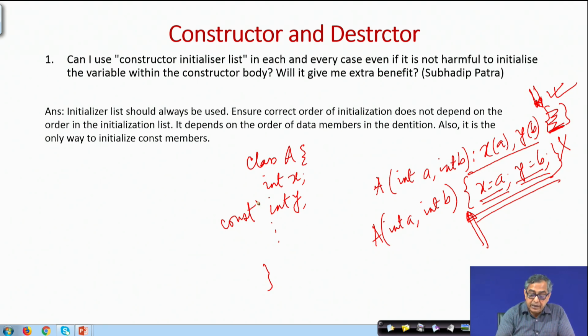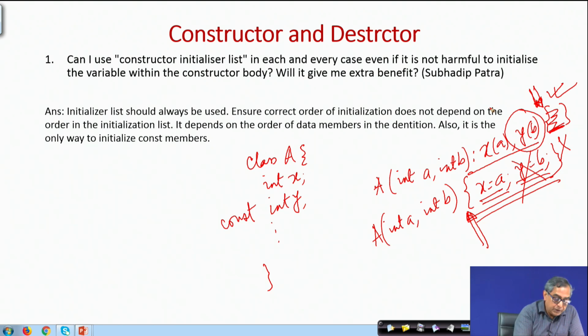If it is a constant, this code itself will not compile, because it is a constant data member. There is no way that you can make assignments to it, you cannot change it. So, the only way you can set the initial value is through the initialization list. There is no other way. So, if you have const data members, you will have to use the initialization list anyway. So, it is good to keep that practice.